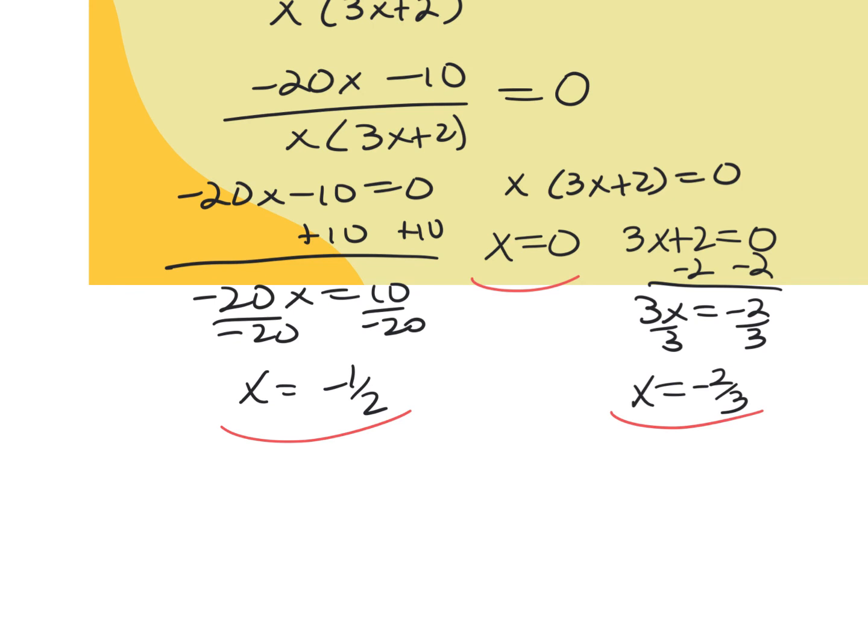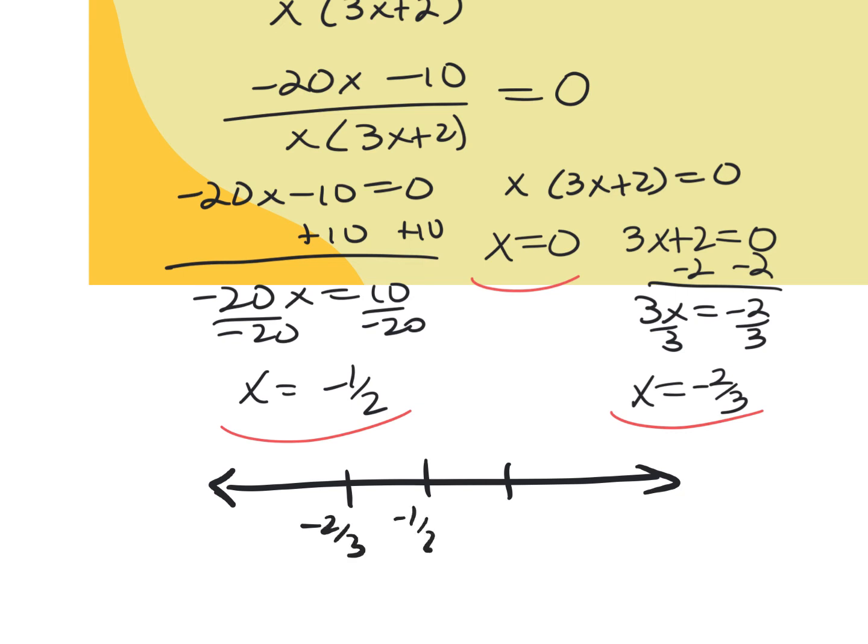So let me go ahead and put it on the number line. So I have -2/3, -1/2, and 0. Notice I can't use 0 as my test point because it's one of my answers. So I'm going to plug in a 1.